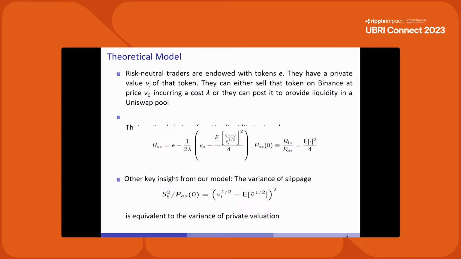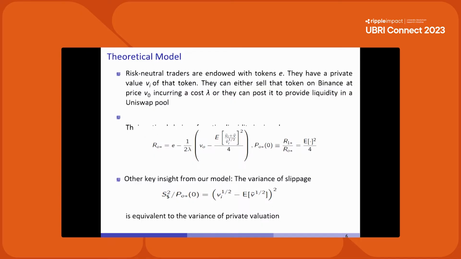You're going to sell rather than post it as liquidity. But that is net of lambda, which is the transaction cost on Binance. So with a higher lambda, if it costs a lot to transact on Binance, you are likely to provide more liquidity on Uniswap because your cost of selling on Binance is very expensive.